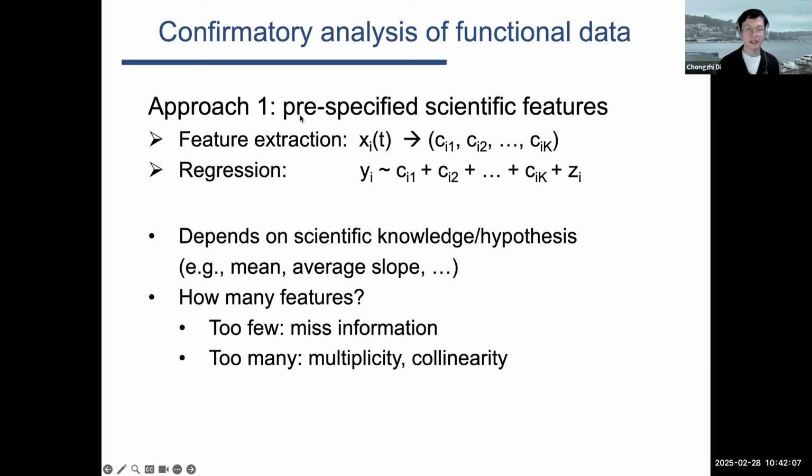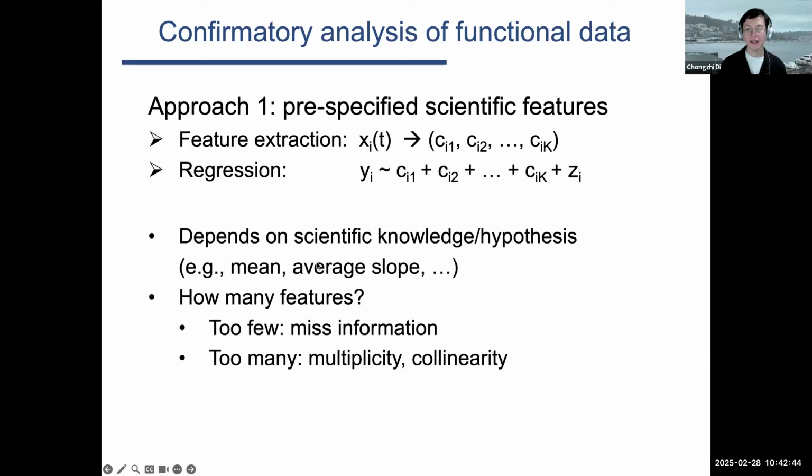This first approach is from the so-called pre-specified scientific features. Typically, this means that you have scientific knowledge or a scientific hypothesis. You know what features are scientifically relevant, and then you can construct those features by your knowledge. To give some examples, if you're looking at a growth curve, the average value, the mean, could be one important feature.